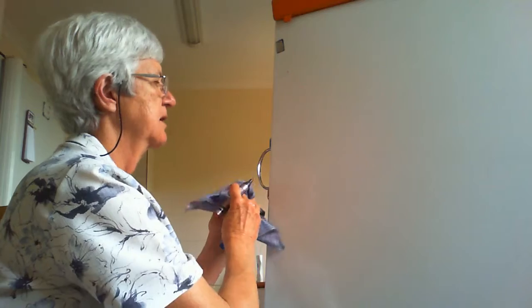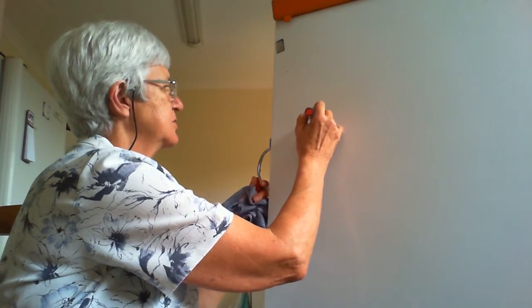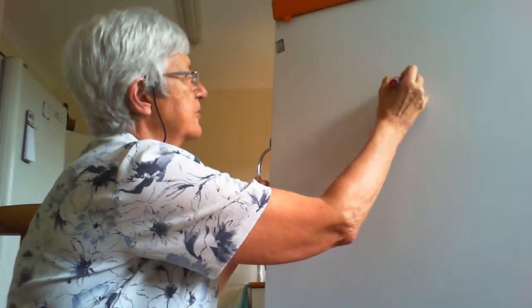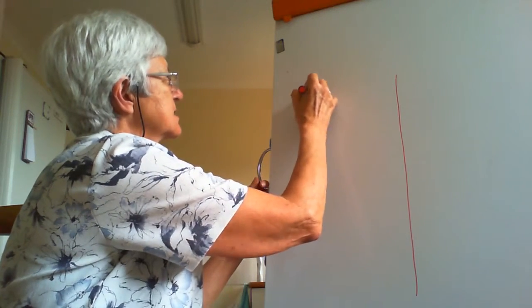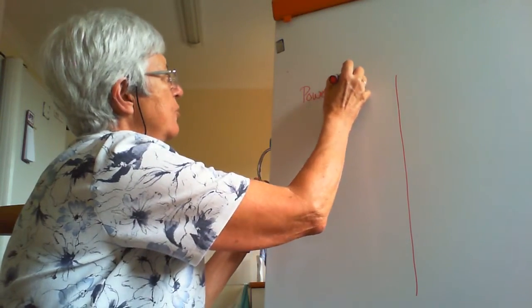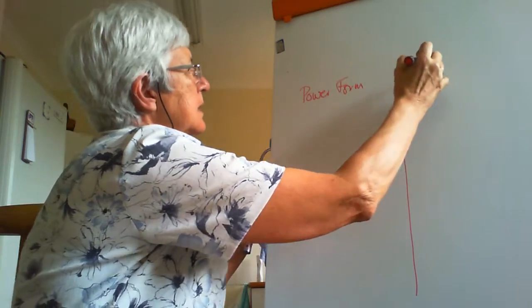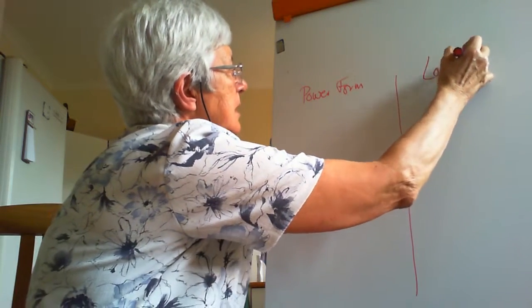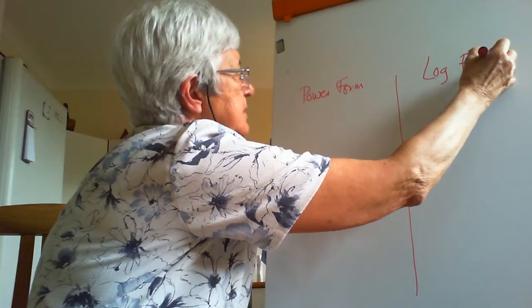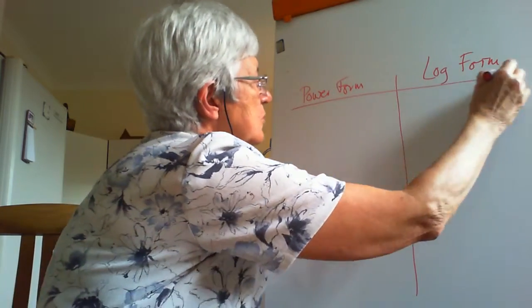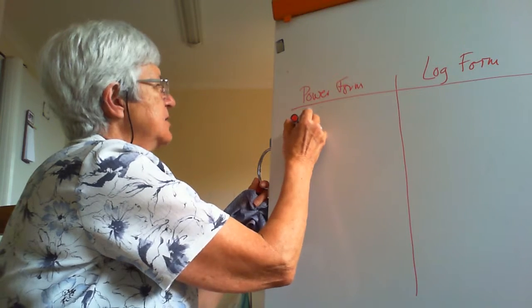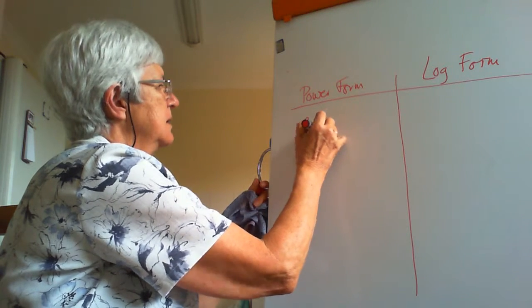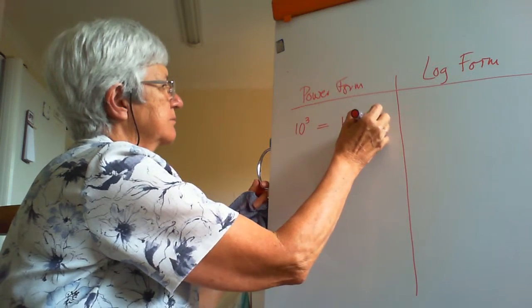So let's take a few more examples. If I said to you, change from log form to power form for these expressions, let's say this is the power form column, and this is the log form of the same statement, or same fact. 10 to the power of 3 equals 1,000.